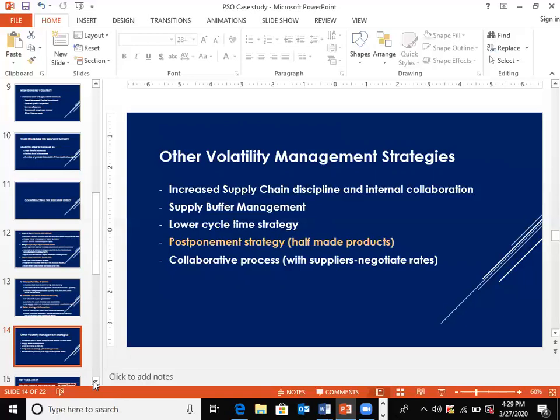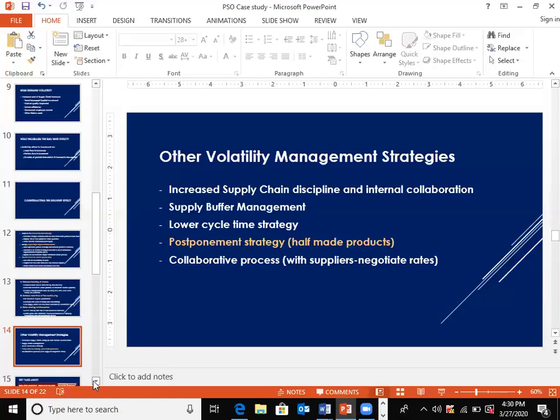You keep half-made goods in your inventory because you want to customize them and deliver them to the customer as per the customer's specifications once you get the order. Companies use this quite often nowadays. It's becoming very popular as a supply chain strategy. So this is something else that can be used to reduce your bullwhip effect.